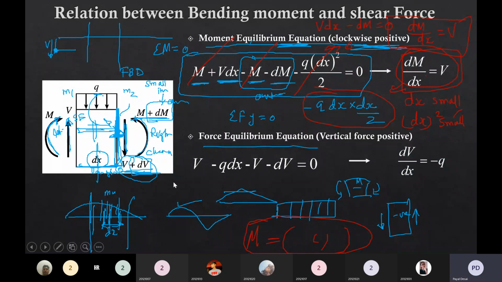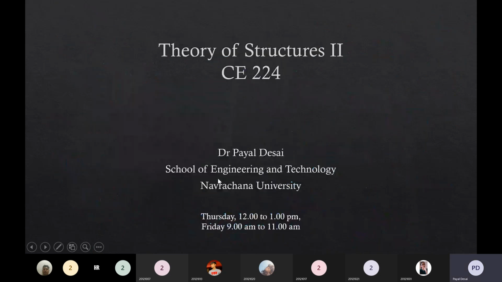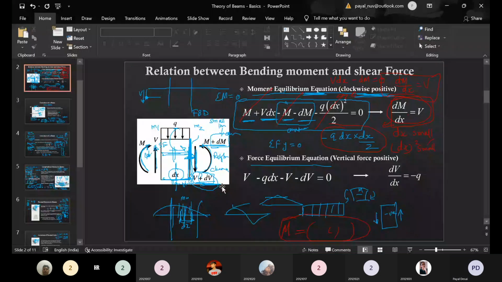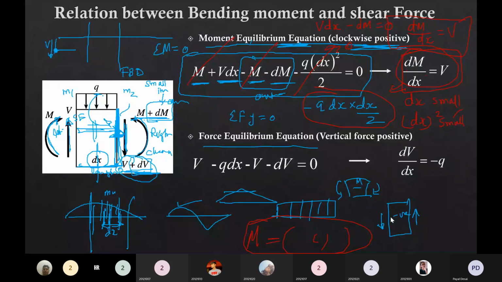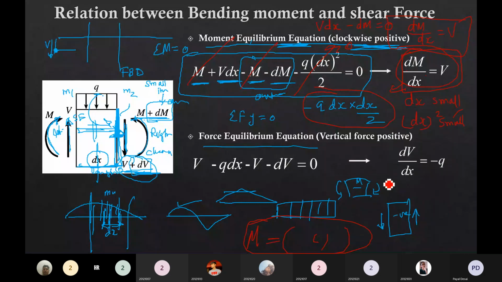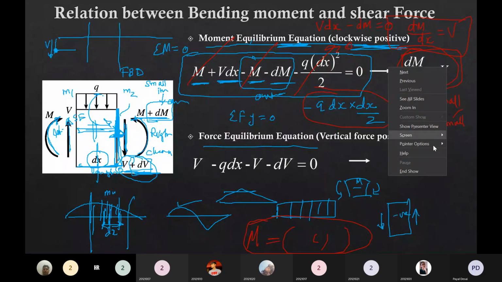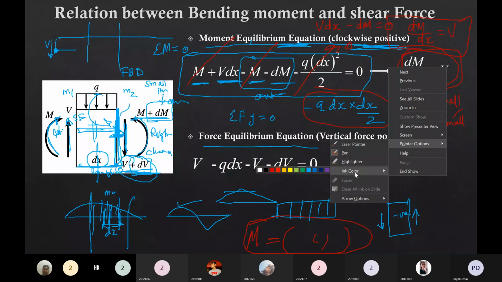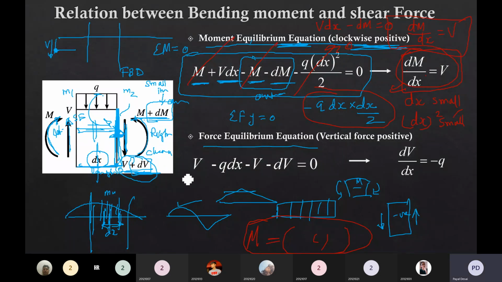So vertical forces, no moments, only vertical forces, the summation of all forces in the y direction. So just take V, this is your V, the vertical force positive.